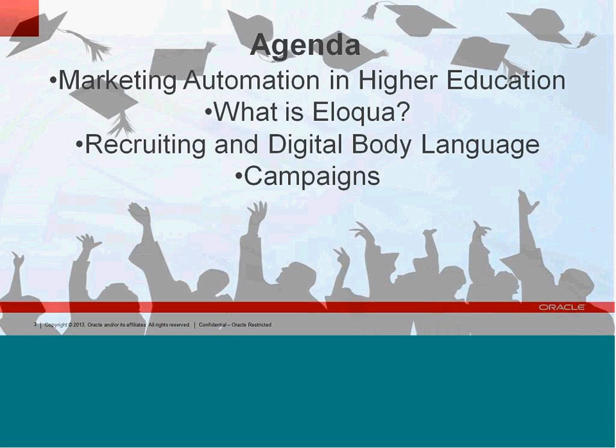I'll take a look at campaigns and segmentation. Now we have all these different leads that are coming in, and we'll talk about a scenario here and how Eloqua can really benefit higher ed institutions out there. But also we're going to take a look at how to build a campaign based on segmentation so we really can get that right message out to the student at the correct time.